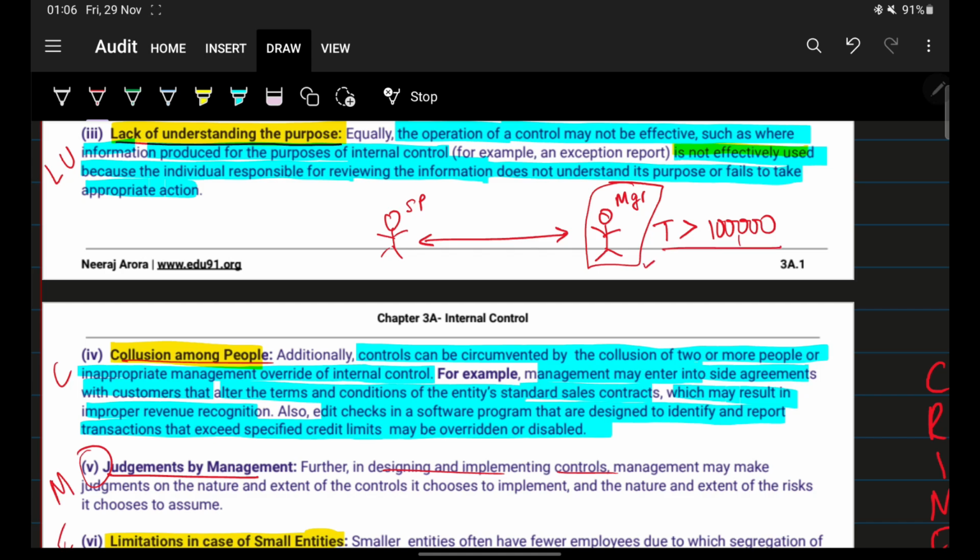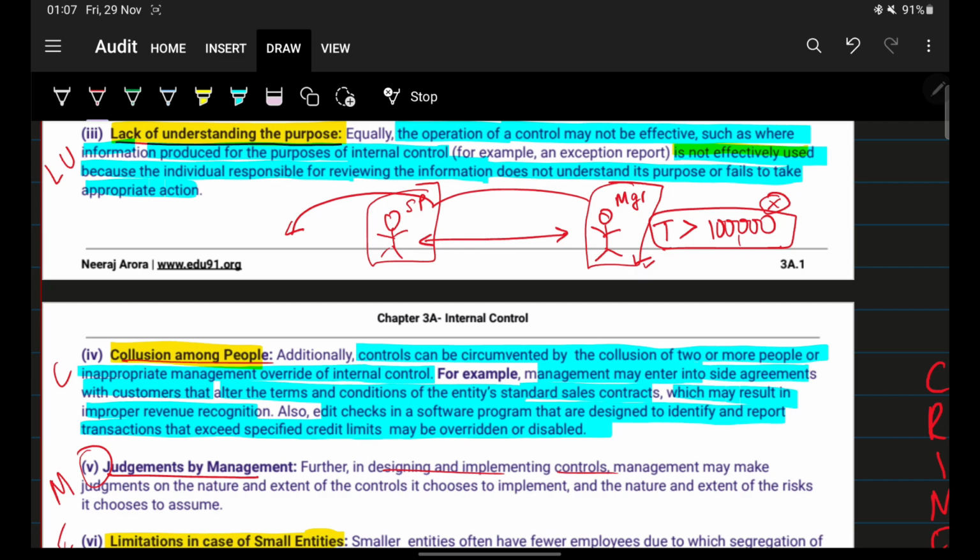So if the manager along with the salesperson colludes with an outsider, he can enter this without anybody else getting to know. He can ensure that the system does not trigger this particular transaction, because if he has access to whatever this software does, then he can circumvent that.